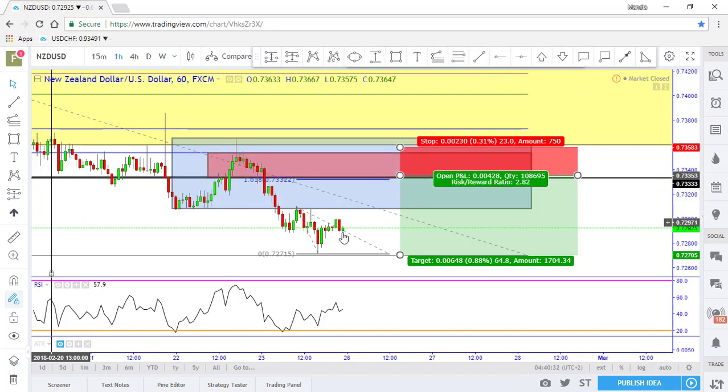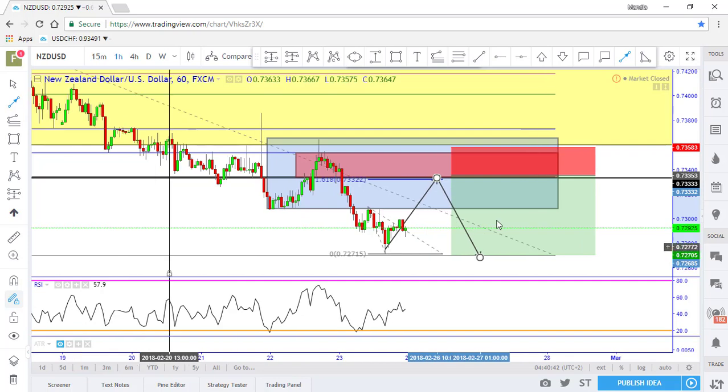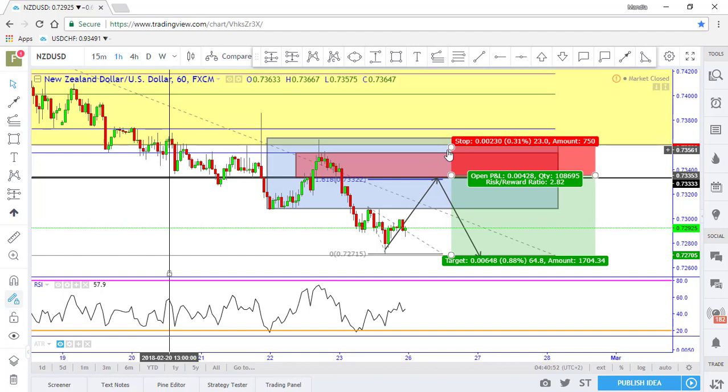So I'll be looking for a brief retracement, okay, in anticipation of a retest of these structure levels over right there. My stops will be 10 to 13 pips above this recent high over right here.